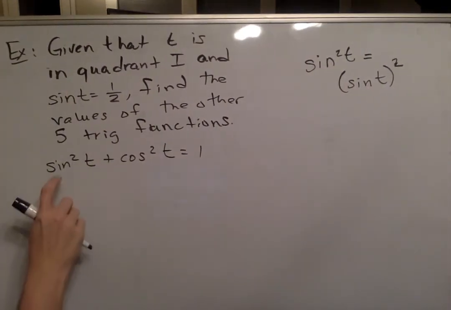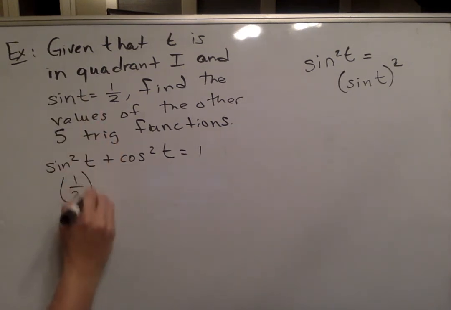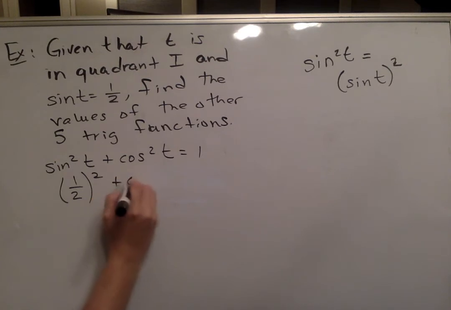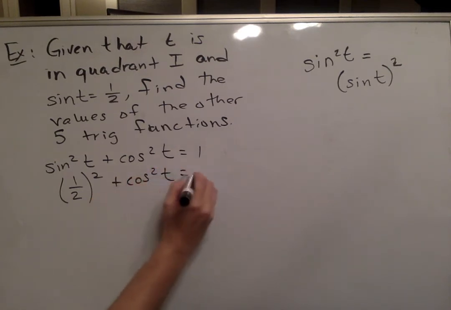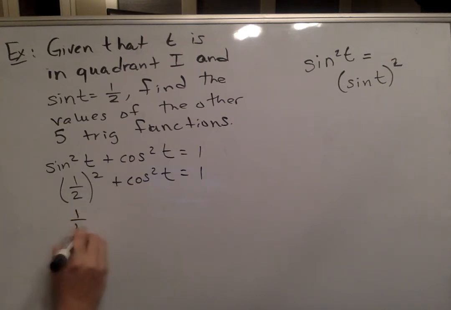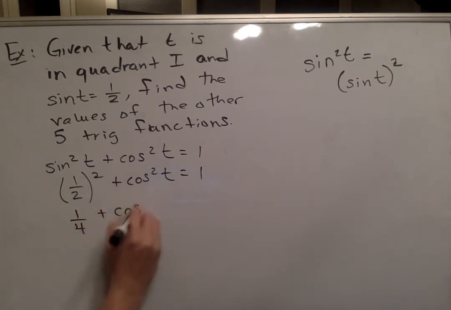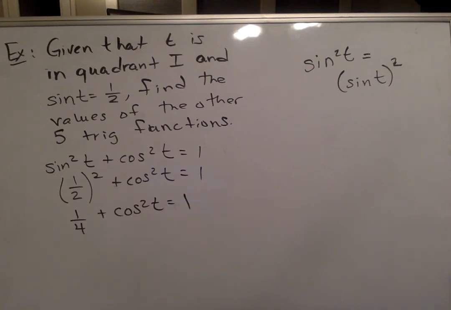So when we see sine squared of t, I know the sine of t is 1/2. I'm going to take that and square it, plus the cosine squared of t is equal to 1. When I square 1/2, we get 1/4, plus cosine squared is equal to 1.